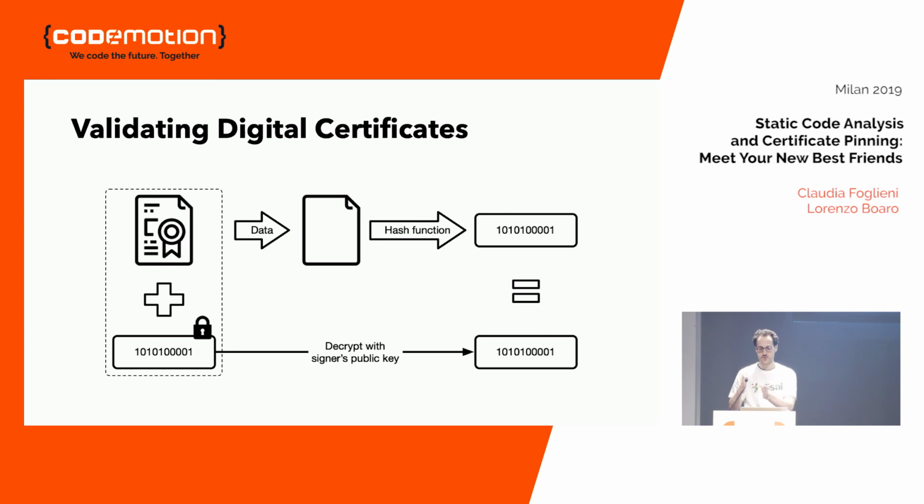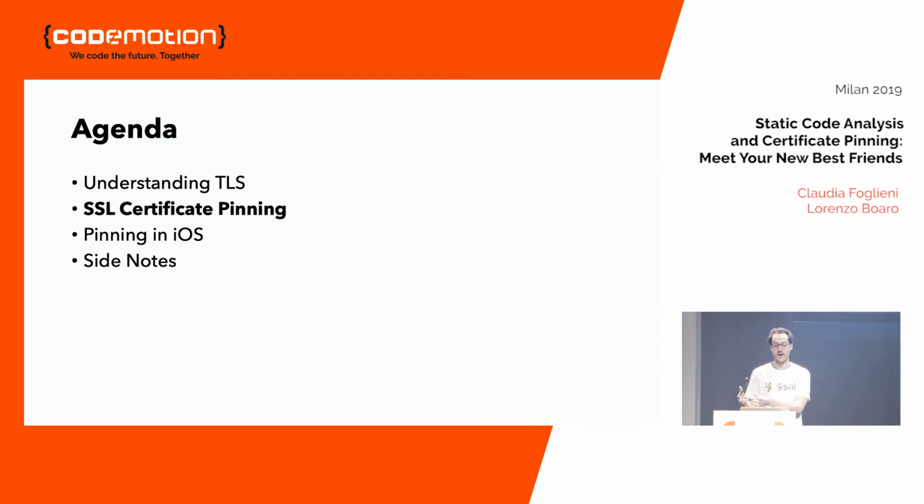This hashing function creates a hash for me. Then I take the digital signature and decrypt it with the public key of the certificate authority, and then I have a hash. I compare these two hashes. If they are the same, the certificate is valid.